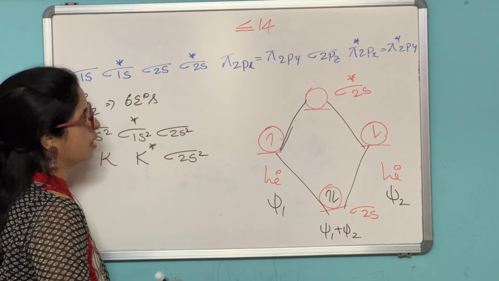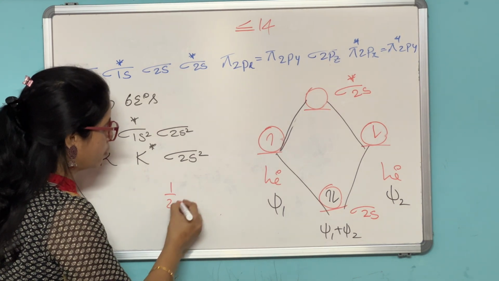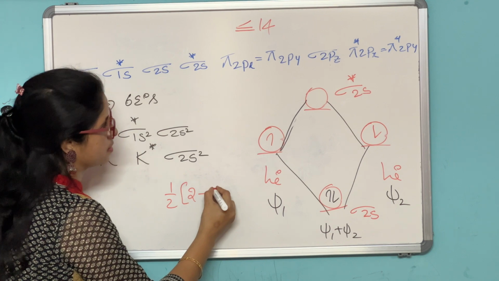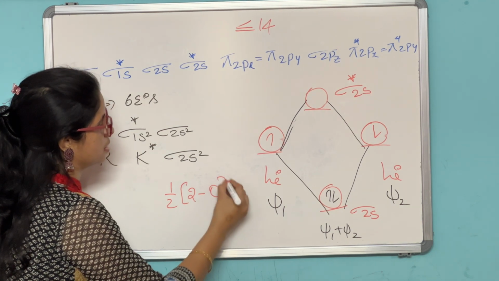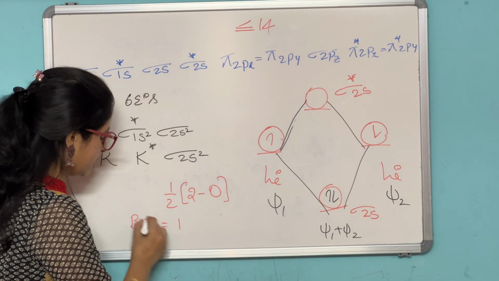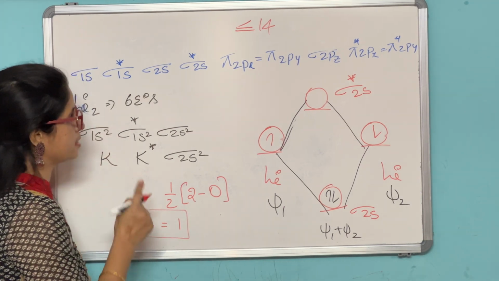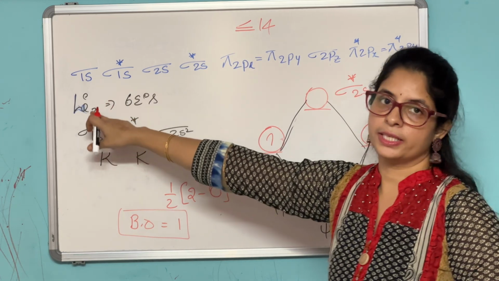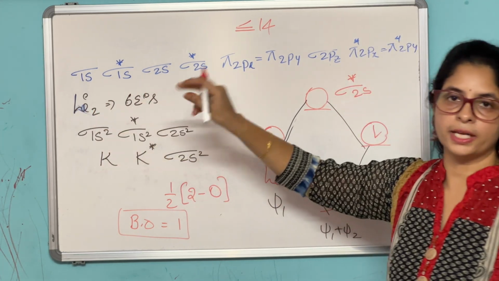Clear? Calculate the bond order for this one. 1 by 2, number of bonding 2 minus 0, so 2 by 2, which is equal to 1. Bond order 1 indicates that a single bond exists between the two lithium atoms.